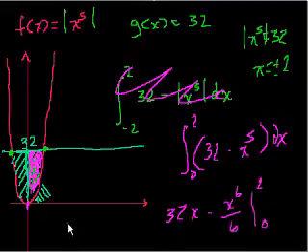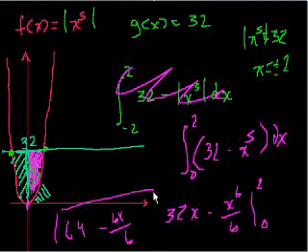At 2, it's 64 minus 64 over 6, right? 2 to the 6th is 64. And then at 0, 32 times 0 is 0, and x to the 6th is 0. So the answer is 64 minus 64 over 6.